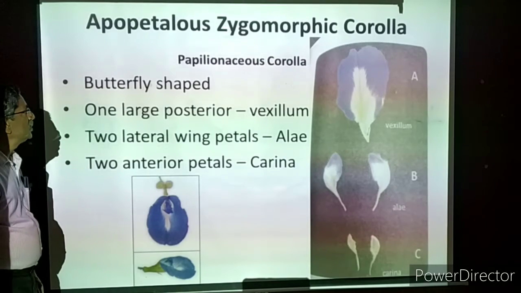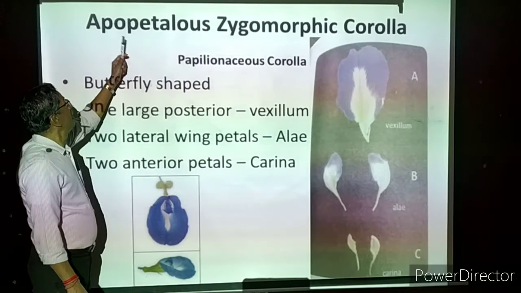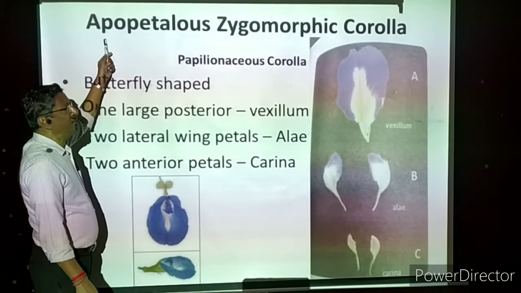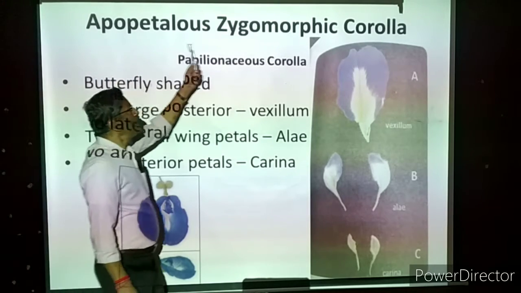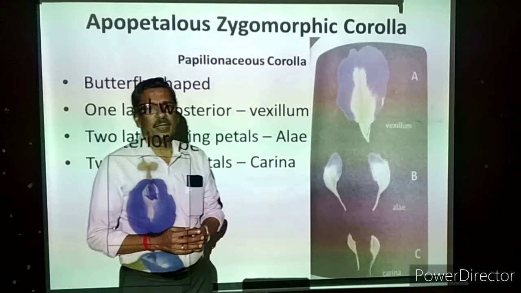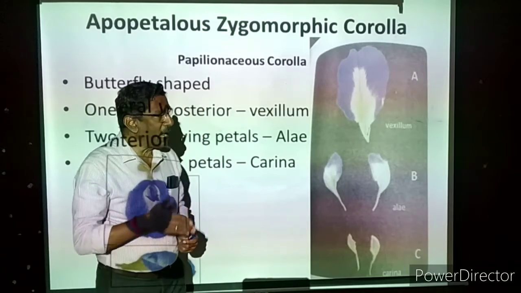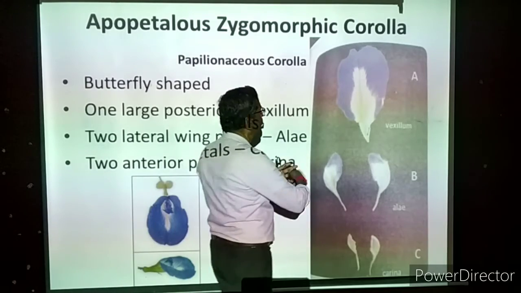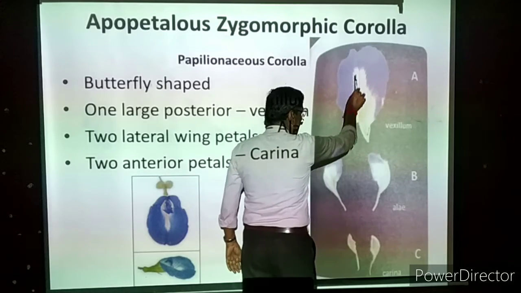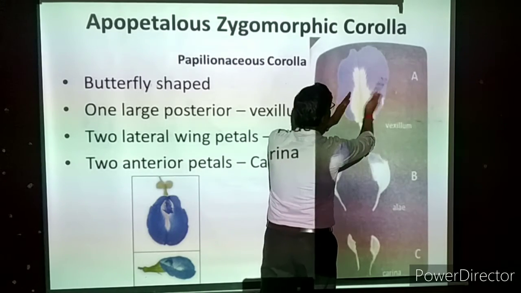Now we are coming to apopetalous. Once again I am telling, apo means free. Petals are free in the corolla. Zygomorphic. Now in the zygomorphic flower, if you take, we can cut through the center in one particular angle and we will get two equal halves. For example, this is the flower, I am cutting in this way, only one direction. We will get two equal halves, this half, this half.